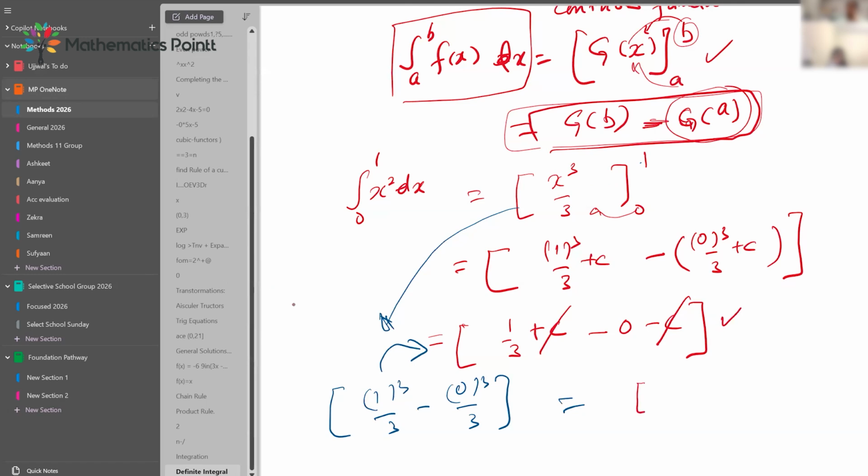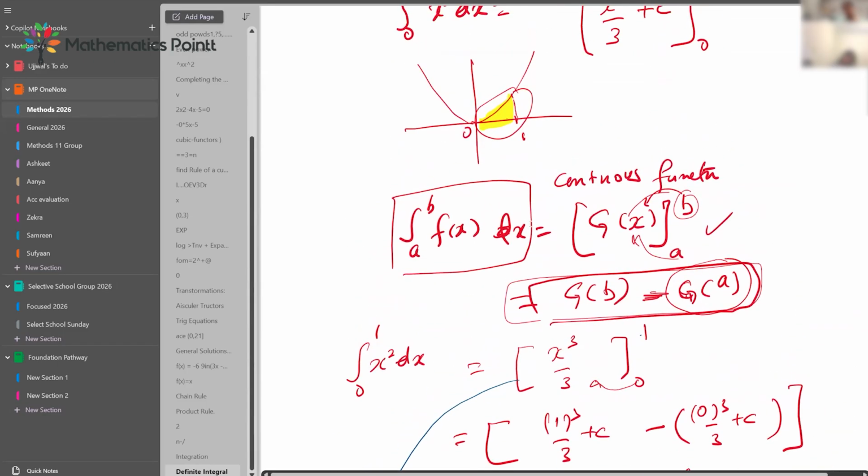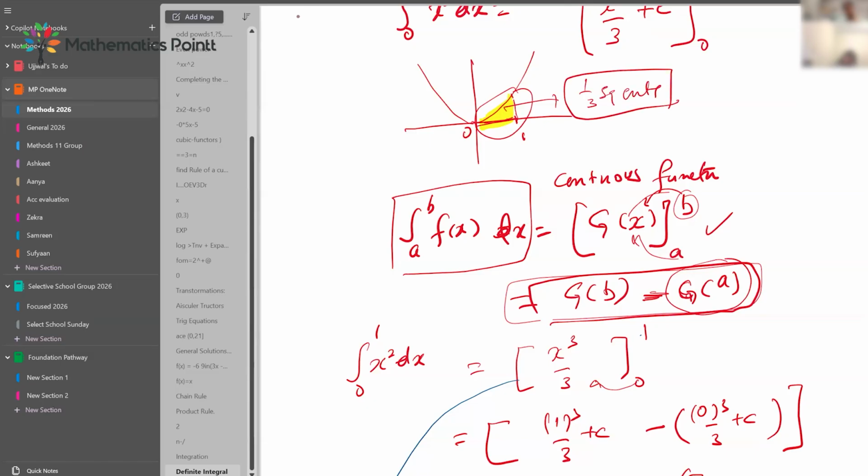So this will be then 1 on 3 minus 0, which is 1 on 3 square units. So the area under the curve between 0 to 1, this shaded portion, is 1 on 3 square units. And that is what definite integral is all about.